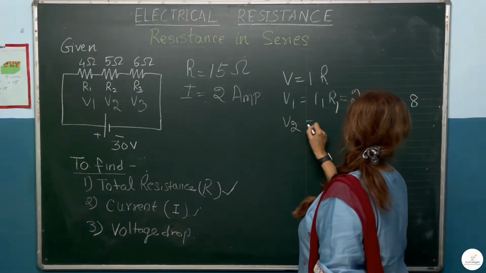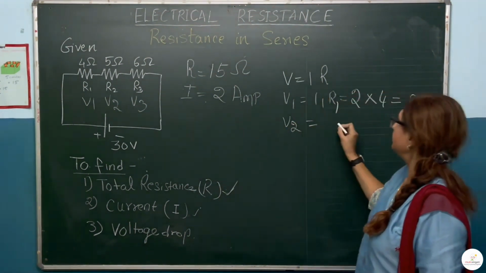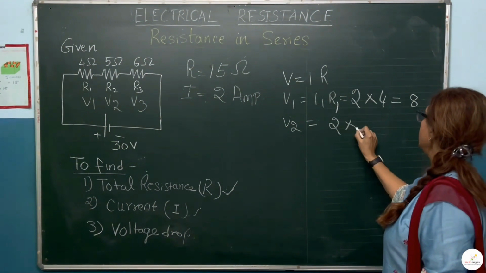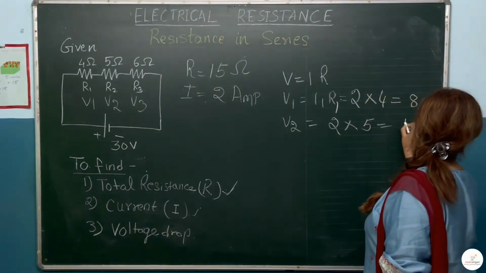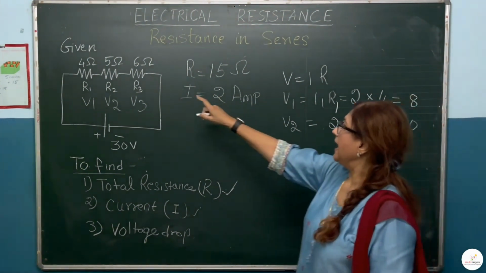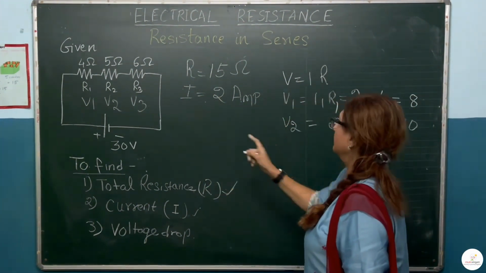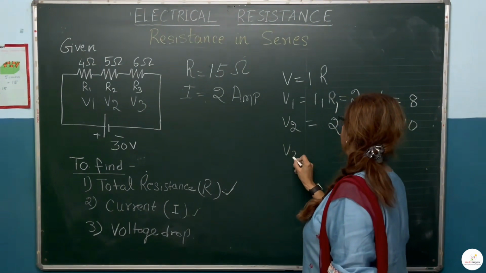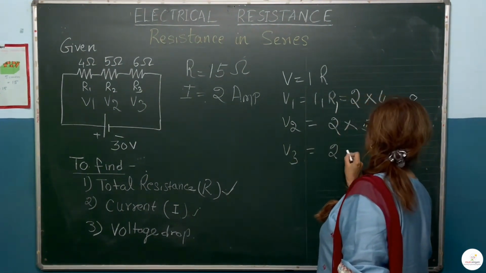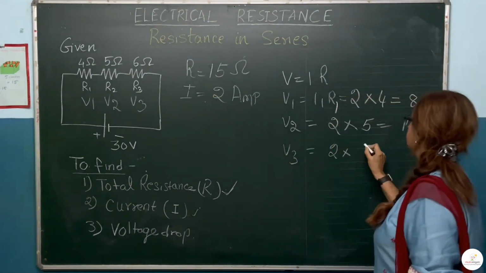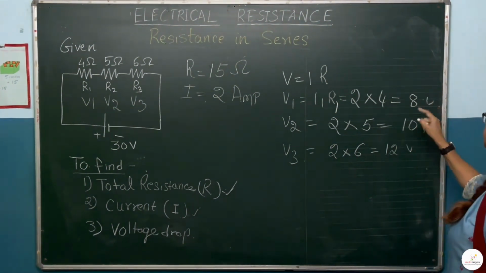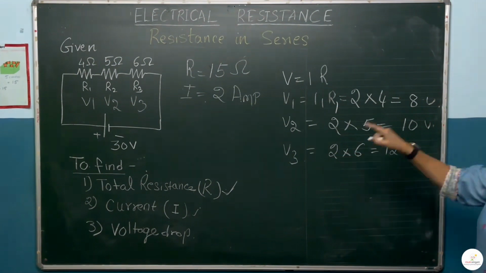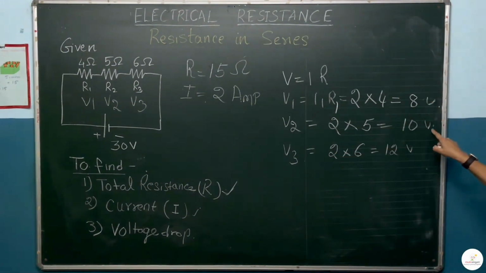Similarly, for V2, again, the current will be the same, 2 ampere. And this is 5 ohm resistor, so 2 times 5 is 10. And for resistor number 3, that is V3, again 2 will remain the same, and then 6, which is 12 volt. So these are the voltage drops in resistor 1, resistor 2 and resistor 3.